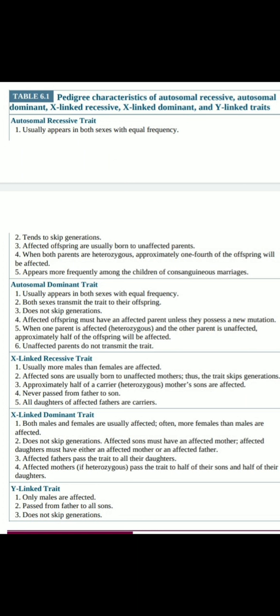So autosomal dominant means capital A, autosomal recessive means small a, and heterozygous means capital A small a. Okay, so when both the parents are heterozygous, approximately 1/4 of the offspring will be affected.